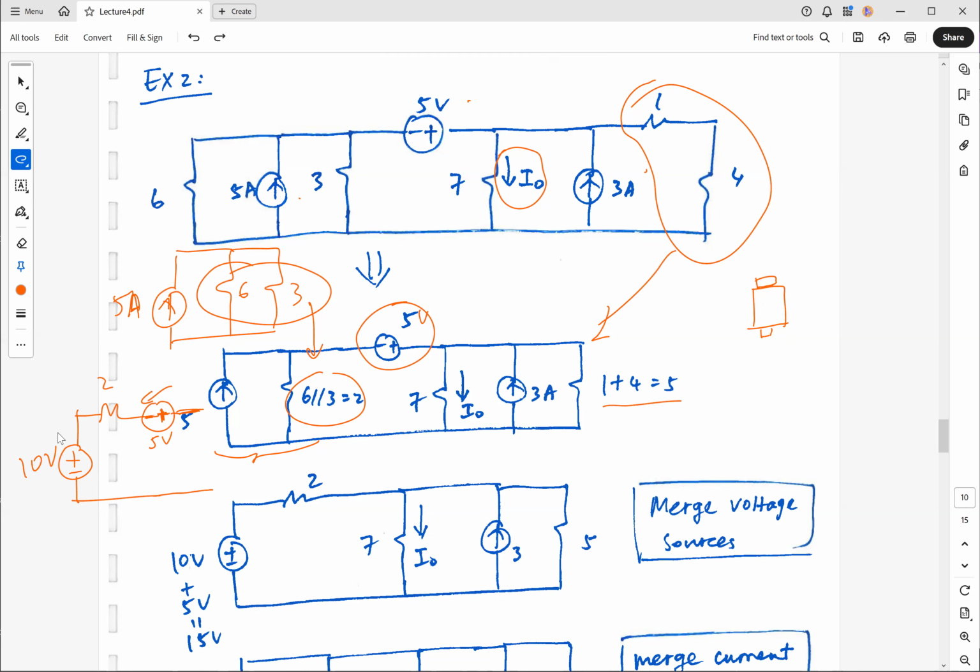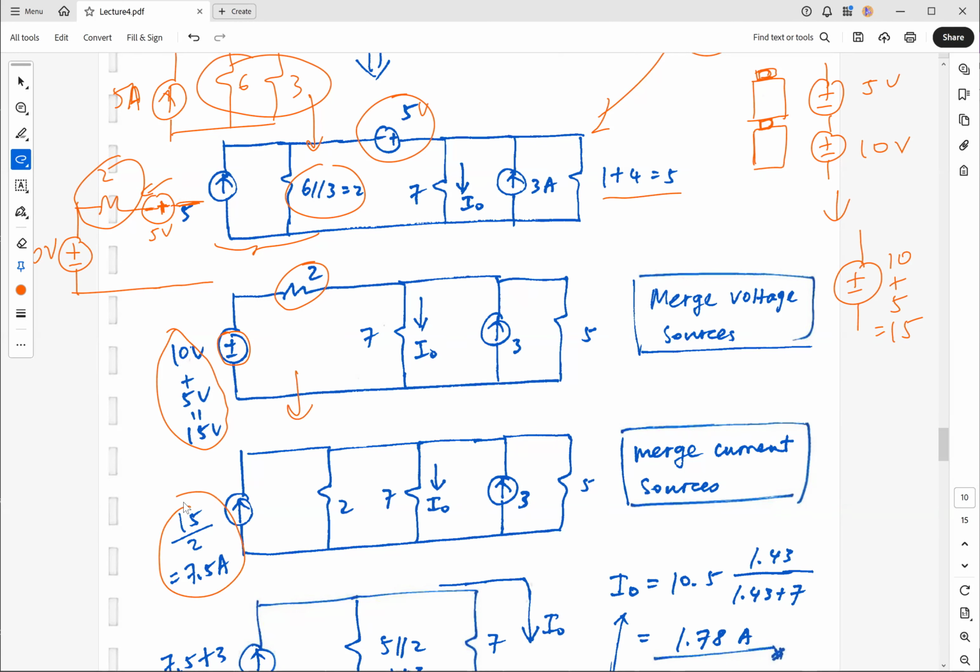In other words, I have to convert the series combination of voltage source and a resistor into a parallel combination of current source and a resistor. So I need to perform ST again. I have 15 volt here, so 15 divided by 2, I have 7.5 amp. And I have this 2 ohm resistor, so 2 ohm remains the same.